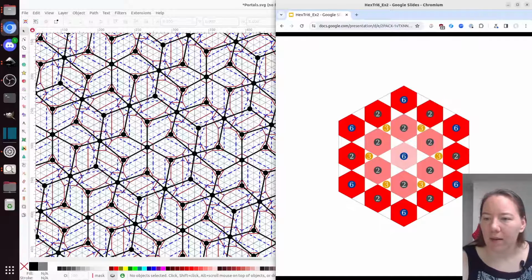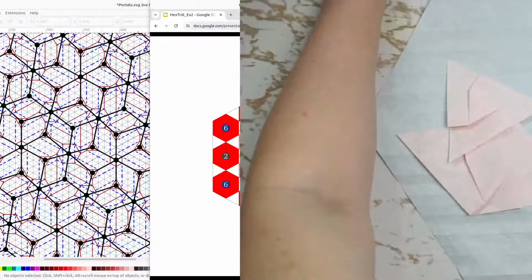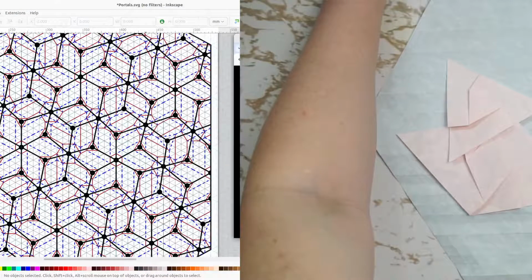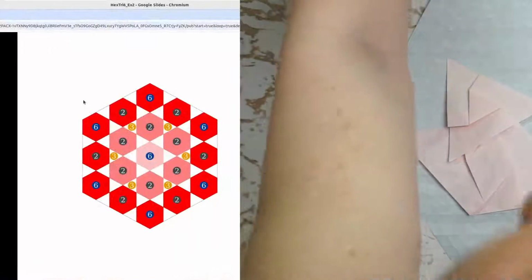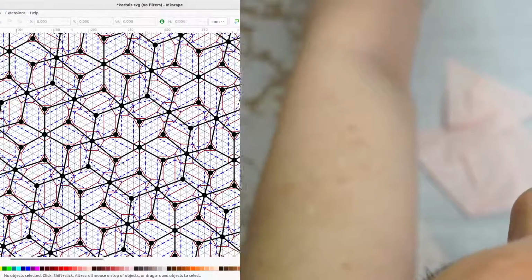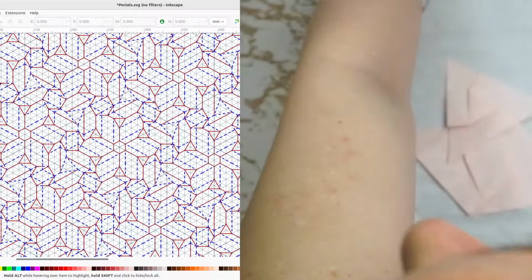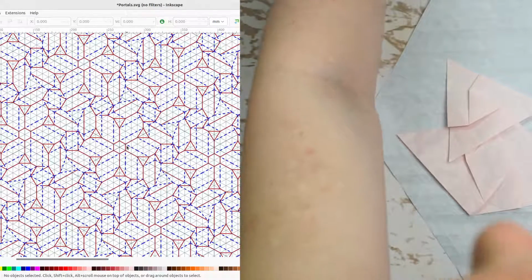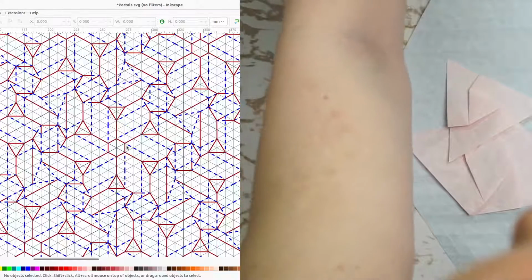And let's go ahead and get started. So, going to bring up just the crease pattern without the skeleton as we start to fold.